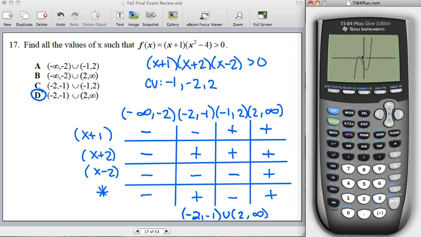And that's this portion of the graph over here. So that was from negative 2 to negative 1. And this portion of the graph over here as well, which is from 2 to infinity. So it gives us the same solution without making the table. And you can do it however way you want. Since your final is multiple choice, if you want to just do it on the calculator, by all means, go for it.